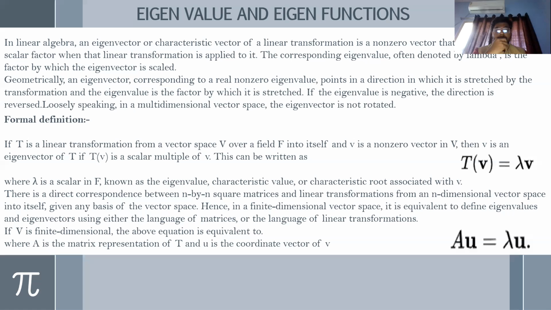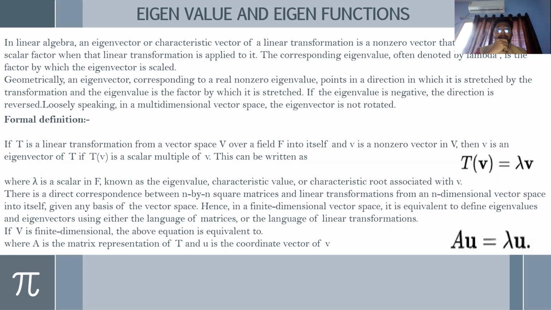In this slide, we are going to discuss eigenvalues and eigenvectors. In linear algebra, an eigenvector or characteristic vector of a linear transformation is a non-zero vector that changes at most by a scalar factor when that linear transformation is applied to it. The corresponding eigenvalue, often denoted by lambda, is the factor by which the eigenvector is scaled.